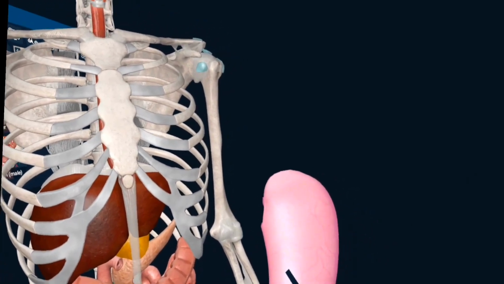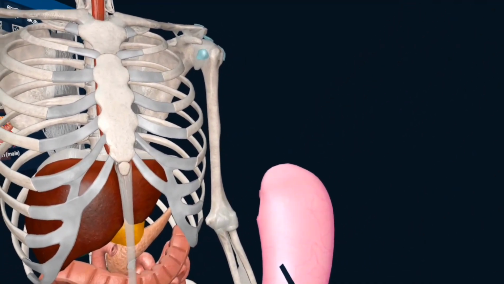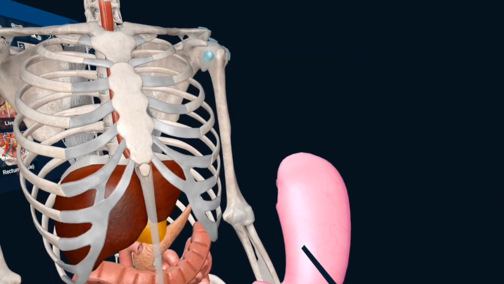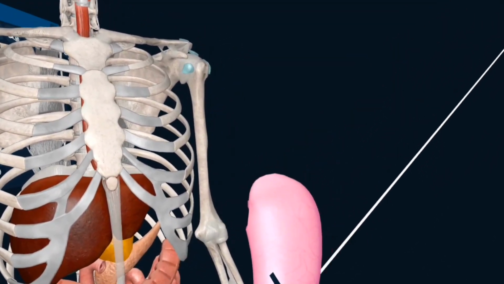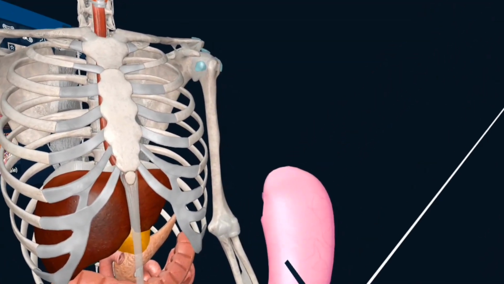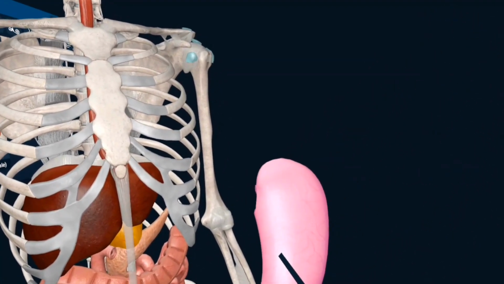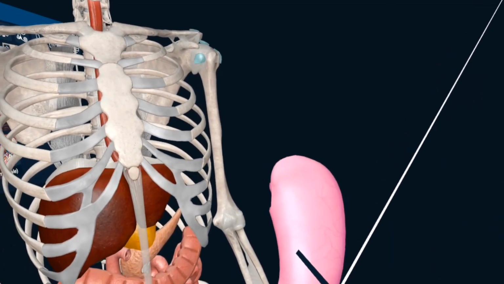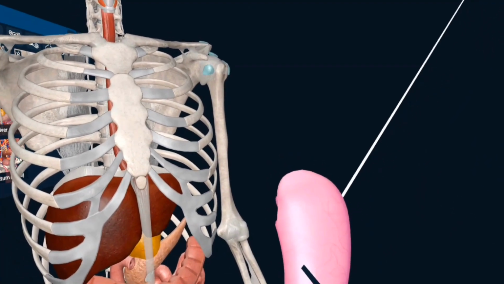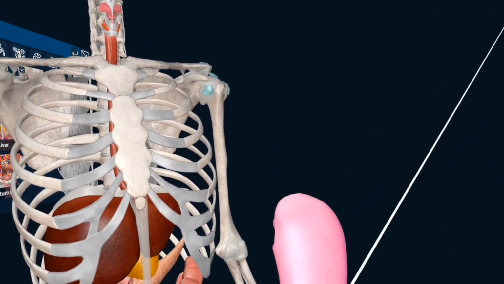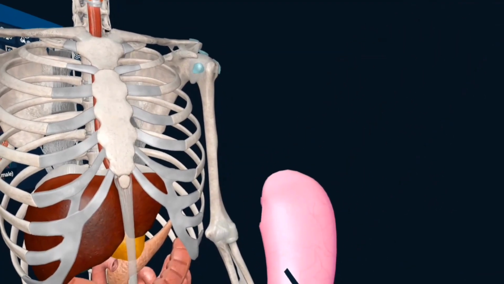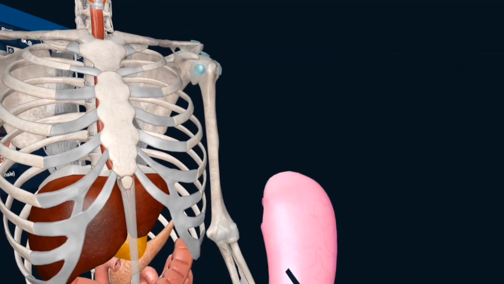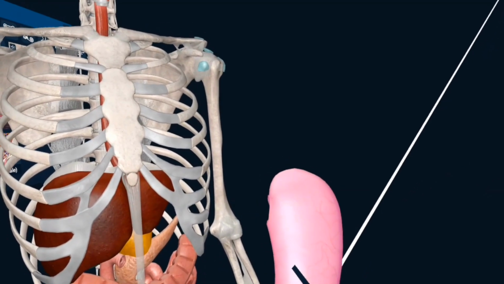About the function, the stomach secretes gastric juices, HCl and pepsinogen. Pepsinogen is a very important structure because it is secreted by the cells within the stomach, and it digests the proteins inside of the stomach.